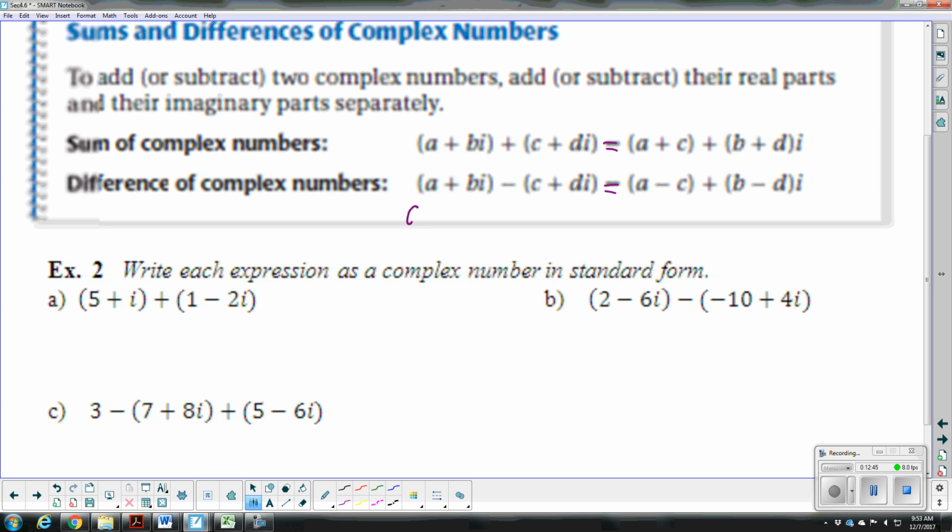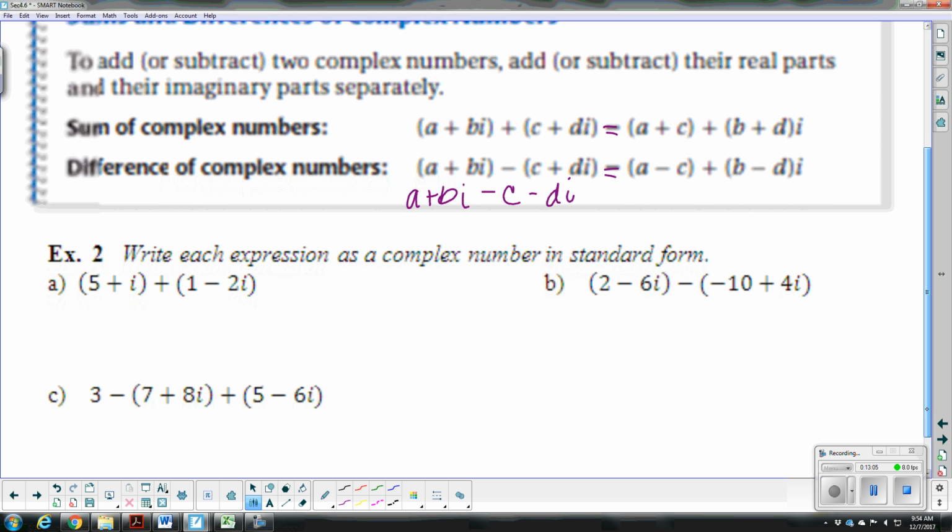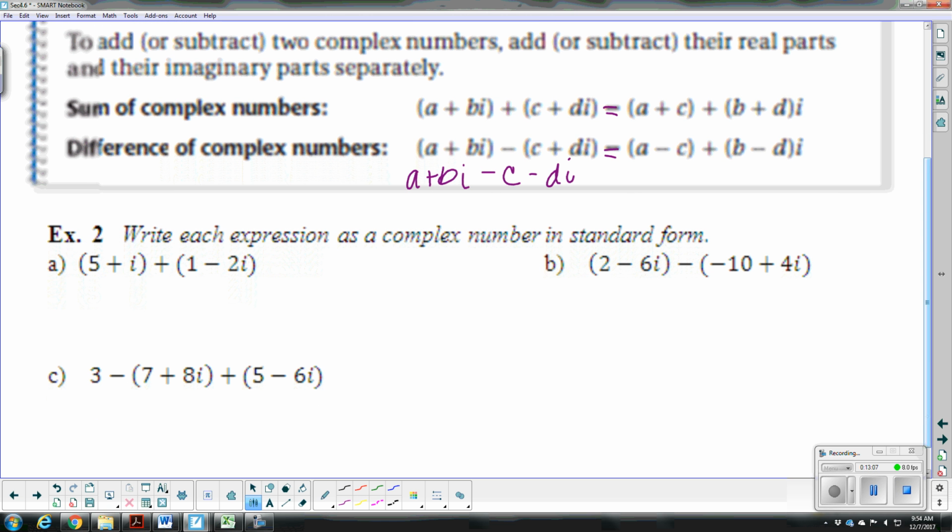So this would be a plus bi minus c minus di, which gives us a minus c plus b minus di. So we're going to write each of these expressions into standard form. So we're going to use the FOIL method or the distributive property.